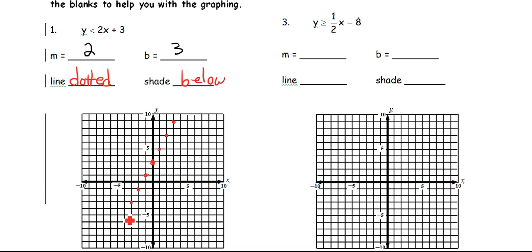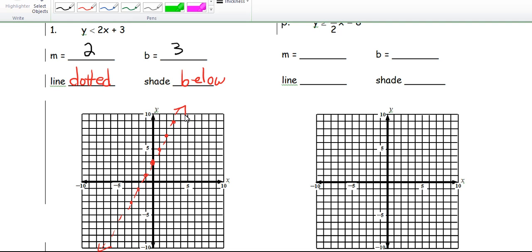And then what we can do is now we're going to insert a dotted line. So when I do this, I'm putting in a dotted line like this. Now, when it says shade below, what I'm doing is I'm looking at this point on the y-axis.